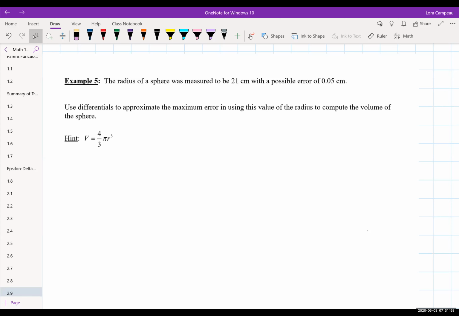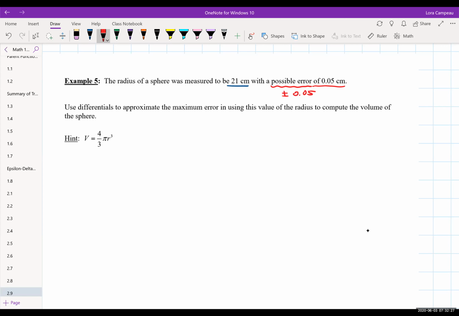So let's relate ourselves. The radius of the sphere was measured to be 21 centimeters. Okay. And we have a possible error of 0.05 centimeters. So when people say possible error, what we're looking at is a plus or minus. It could be a little bigger. It could be a little bit smaller.